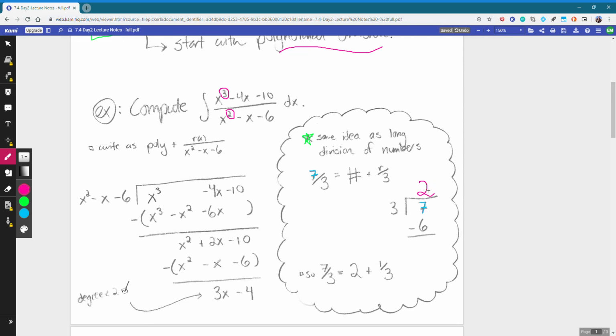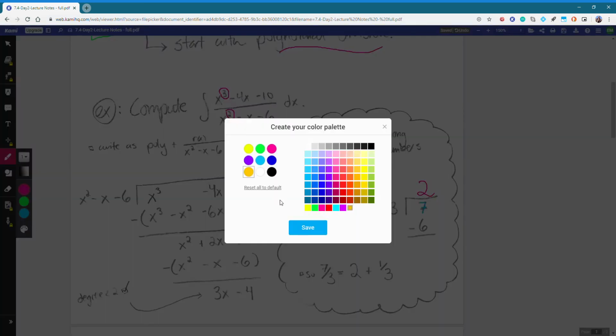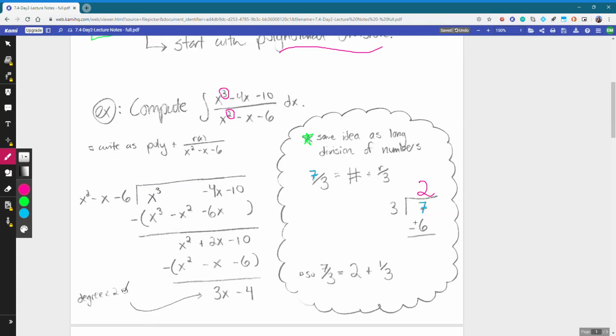And so then we take this 2 times 3, right, that gives us this 6. And we'd like to subtract that from our 7 and to see what's left. And that was, okay, what's left is 1. And now, this 1 we see is less than this 3, and so we're done, right? This is our remainder.